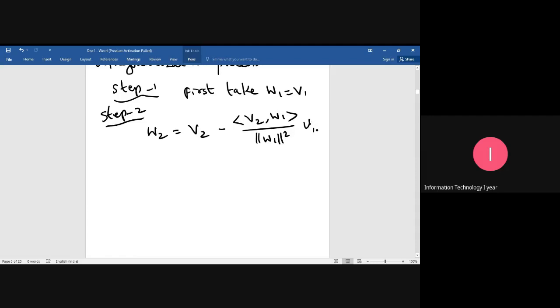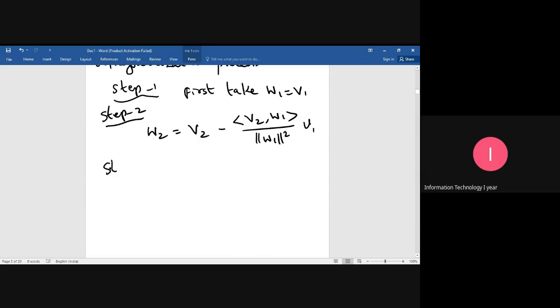This is called W2. Find out all the values. V2 will be given in the question. Then V2 comma W1, find the inner product. Then norm W1 squared: norm W1 means square root of inner product of W1 comma W1. Like that, find out.